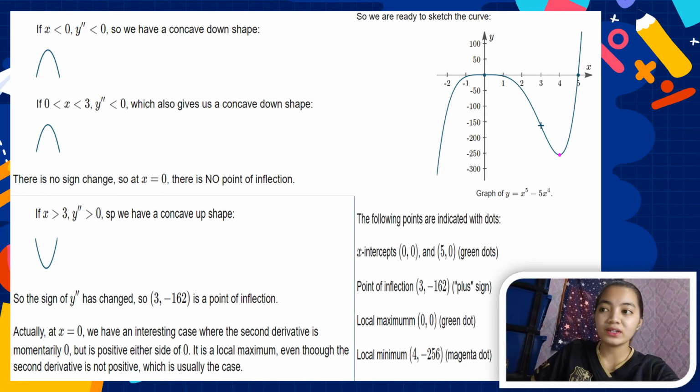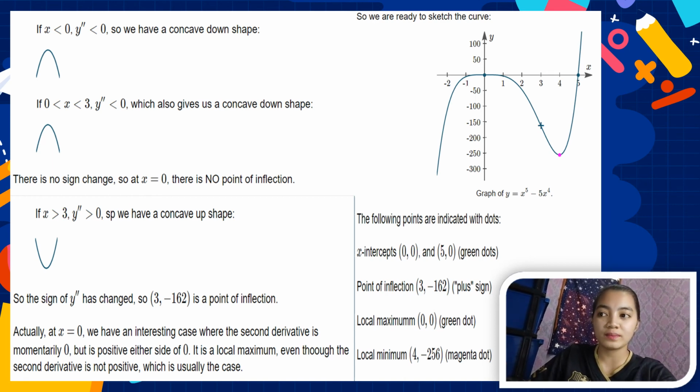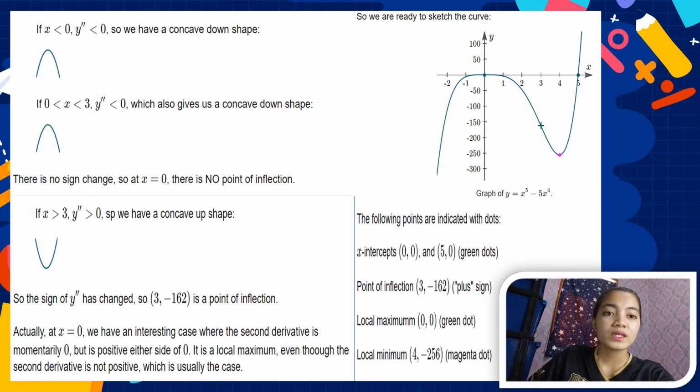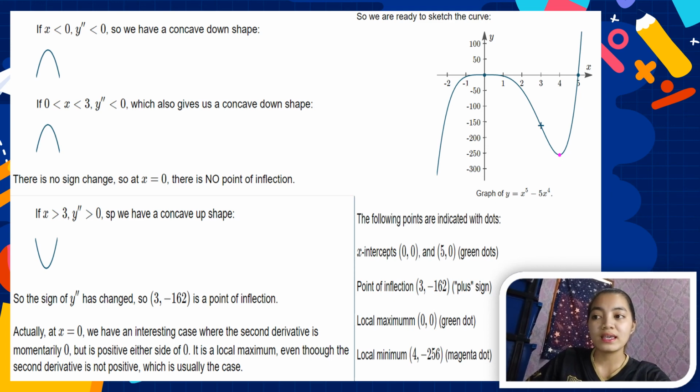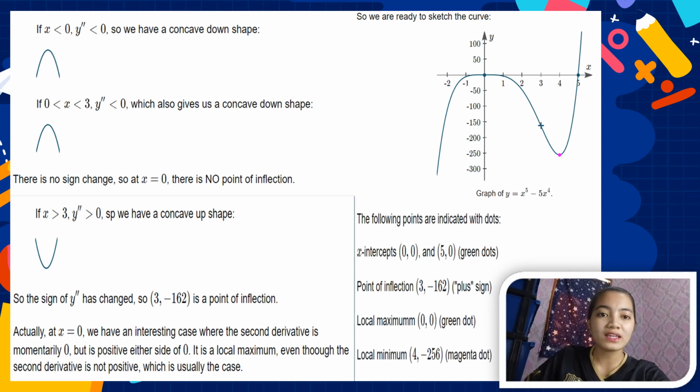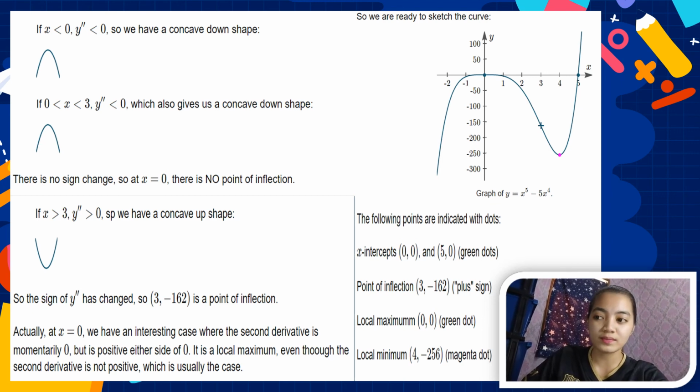If x < 0, y'' < 0, so we have a concave down shape. If 0 < x < 3, y'' < 0, which also gives us a concave down shape. There is no sign change, so at x = 0, there is no point of inflection.